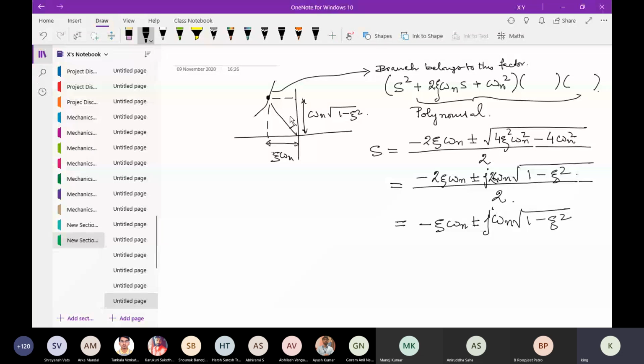If I look at this angle theta, this is the geometry of this thing.